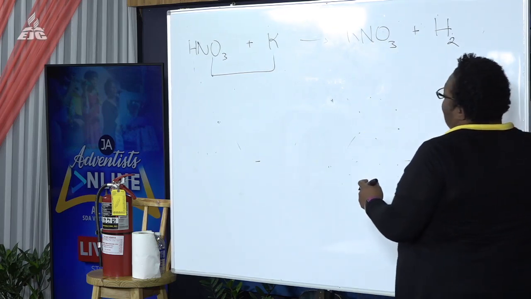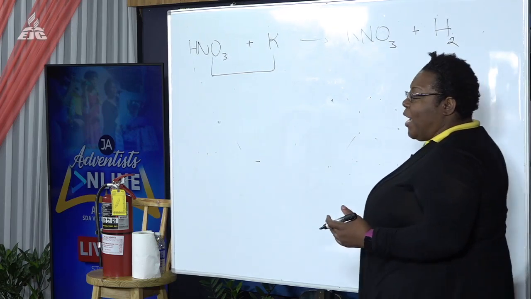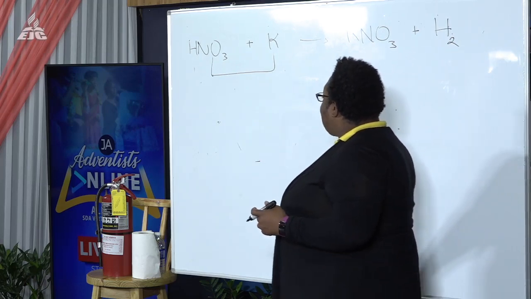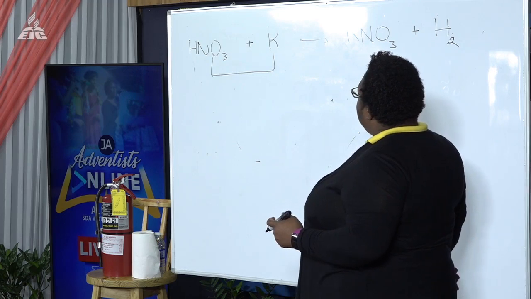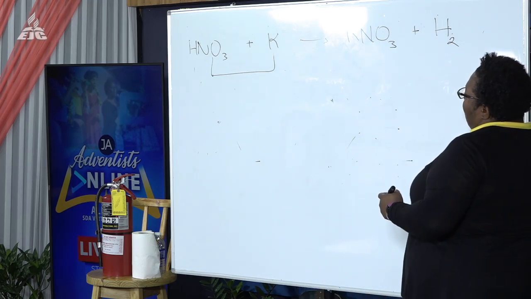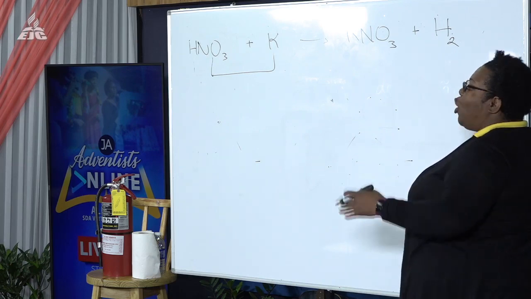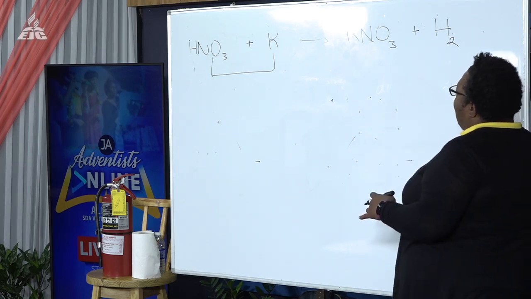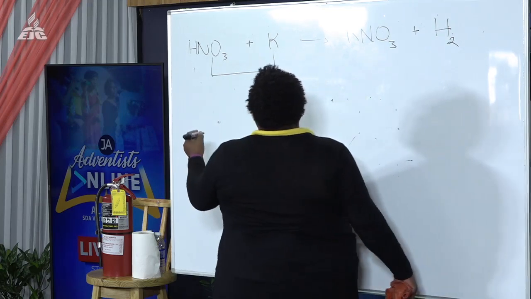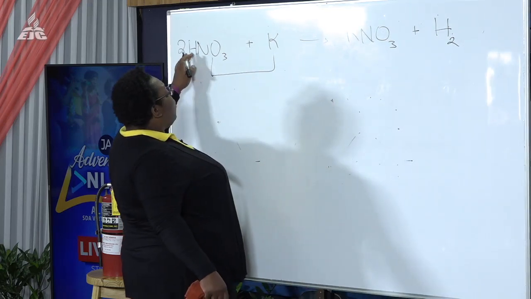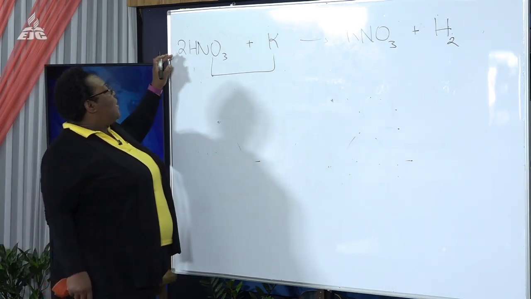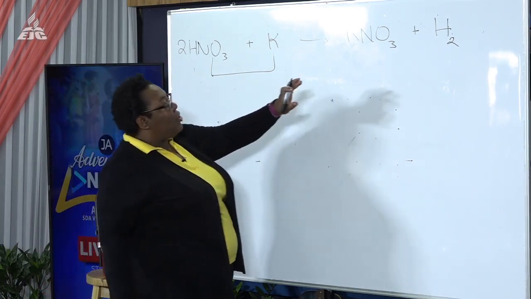Please bear in mind, students, whenever we're writing an equation, that the equation must be balanced. I'm sure you remember that. So the number of each element must be the same on both sides of the equation. So if we were to pay attention here, we have 2 hydrogen atoms here, but only 1 here. So we put the coefficient in front of the acid to balance it. Now I have 2 hydrogens.